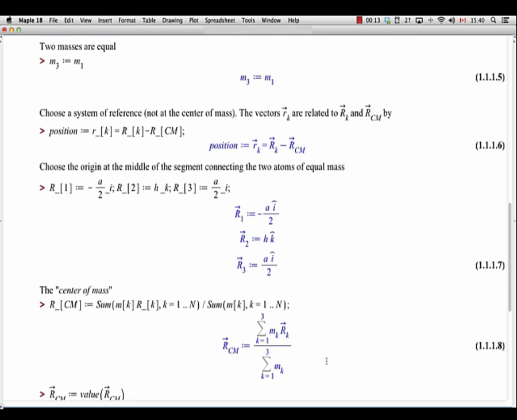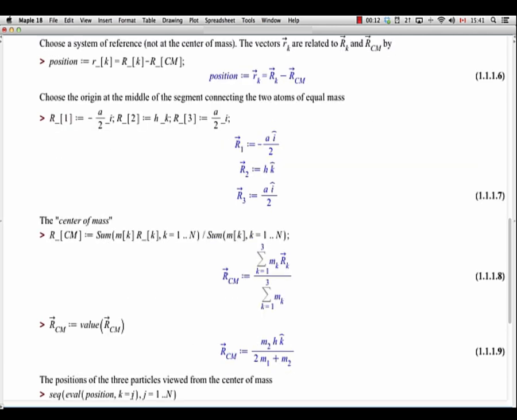This is all standard. And because now all these vectors are defined, we can compute a value for the center of mass. So this is the position of the center of mass as seen from the arbitrarily chosen system of reference. We put the origin at the middle of the segment connecting the 2 atoms.